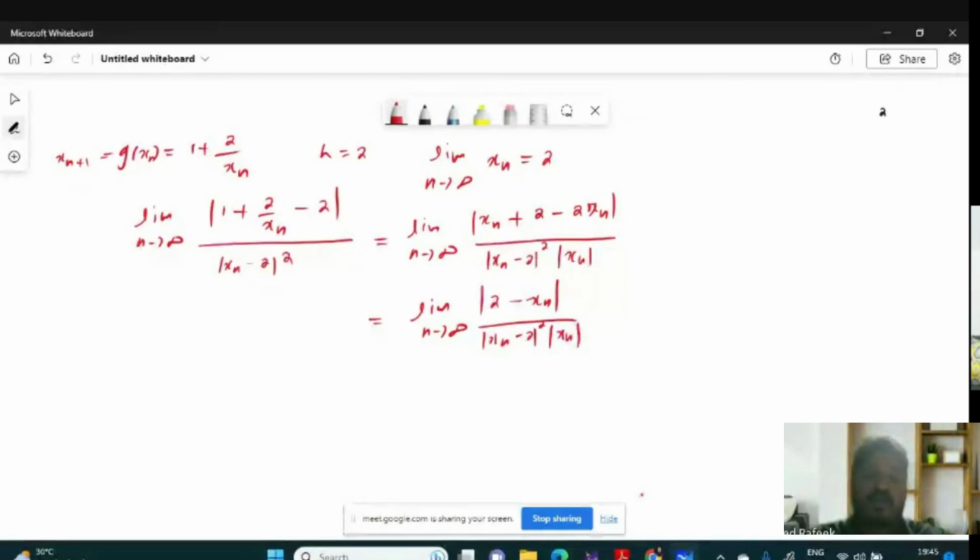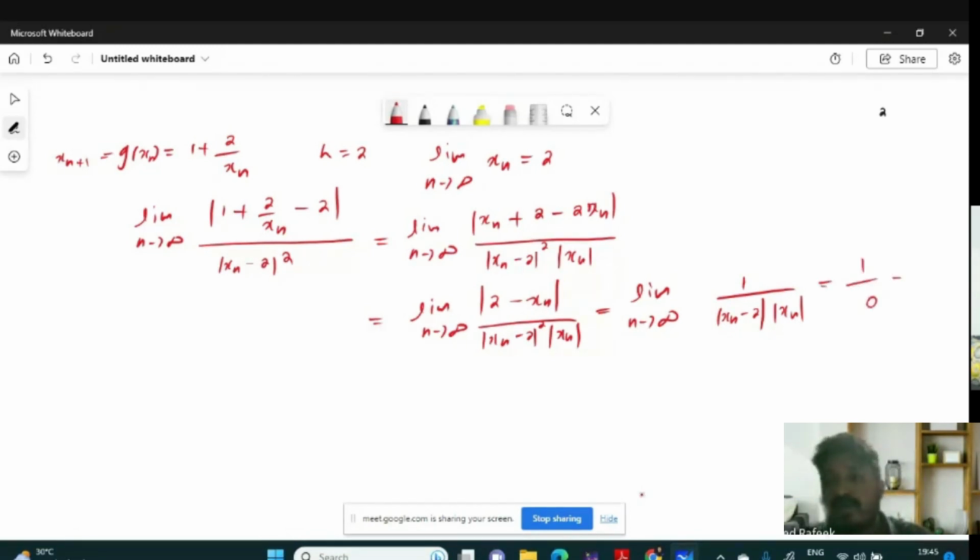In the denominator, minus, you take 2 minus xn will come, cancel it out. Then limit n tends to infinity 1 by mod (xn minus 2) divided by mod xn is 2. Denominator becomes 1 by 0, becomes infinity. Option 3 also incorrect.